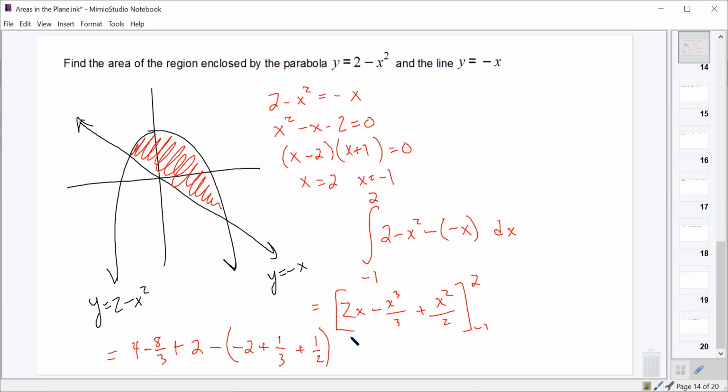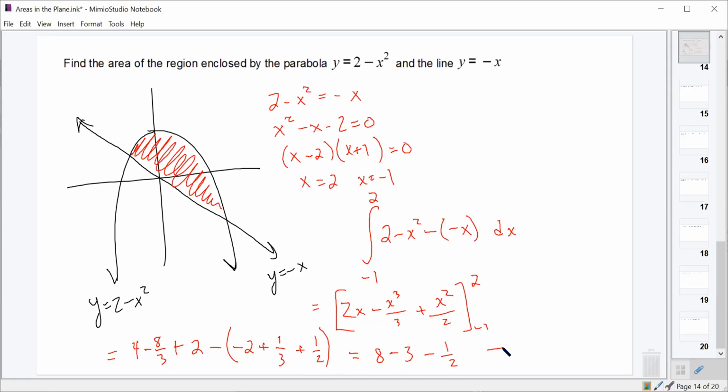And what does that come out to be? 4 plus a 2 is 6, plus another 2 is 8, right? Yeah, 8 minus 8/3 minus another third, so minus 9/3, and then minus 1/2.